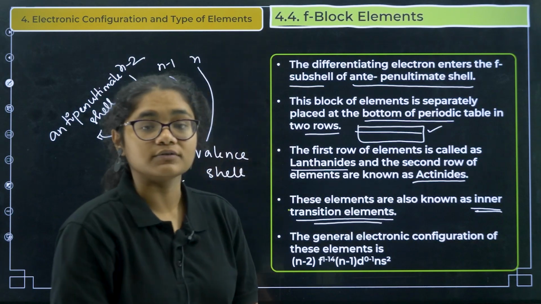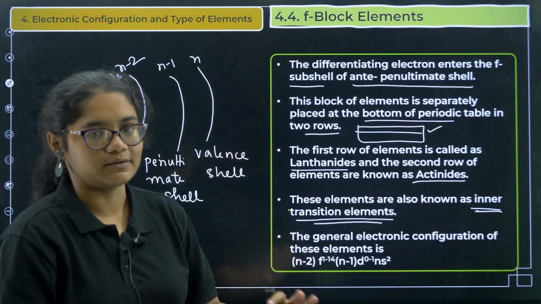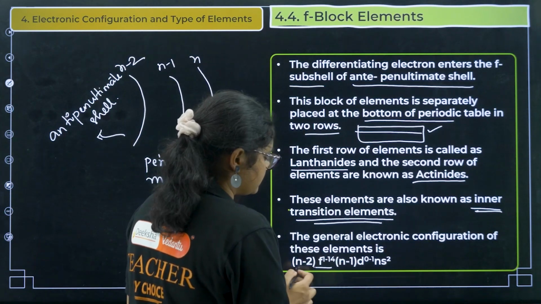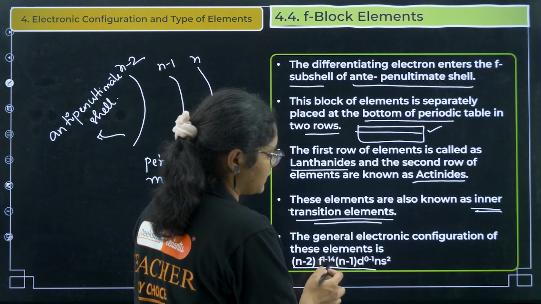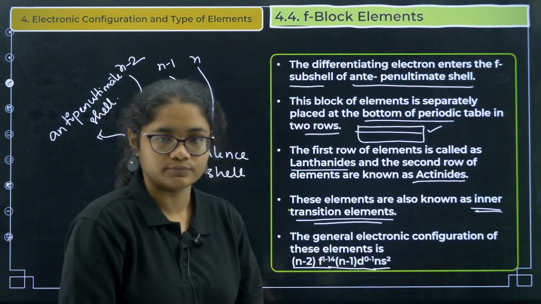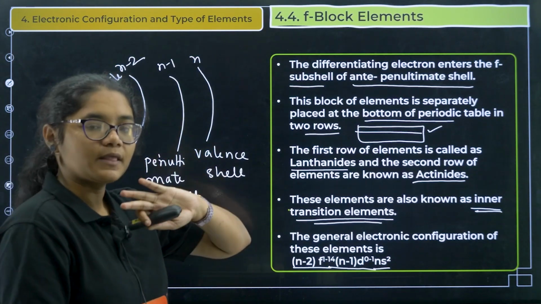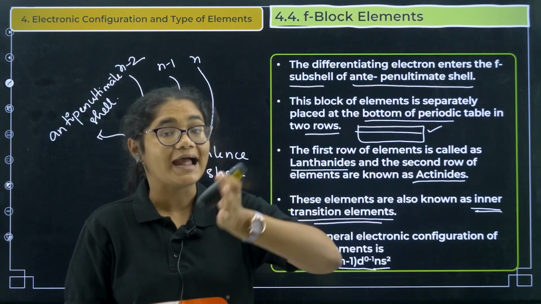These elements are also known as inner transition elements. The general electronic configuration is (n-2)f 1 to 14, (n-1)d 0 to 1 and ns2.